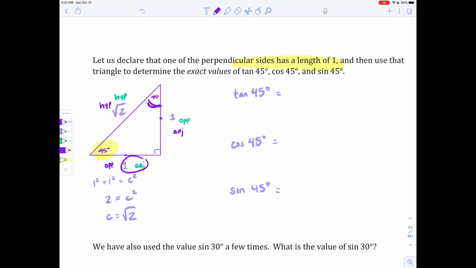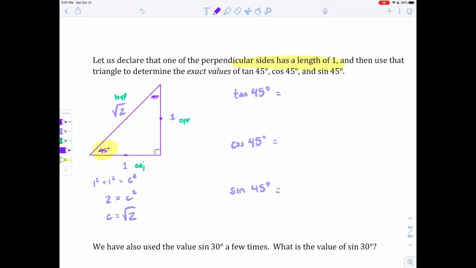Regardless of which 45-degree angle you look at, the adjacent is still 1, the opposite is still 1, and the hypotenuse is always root 2. It'll all be the same.